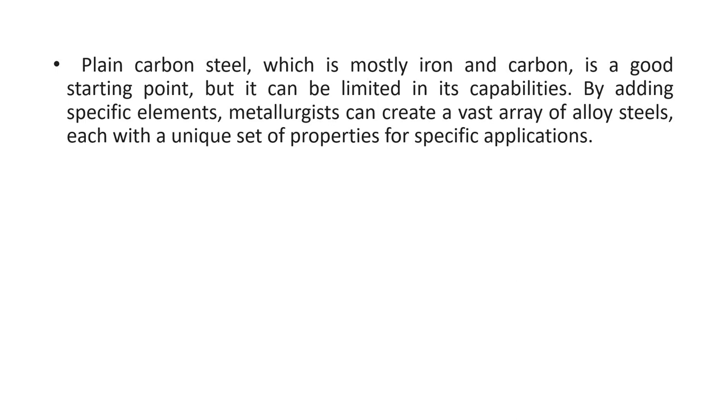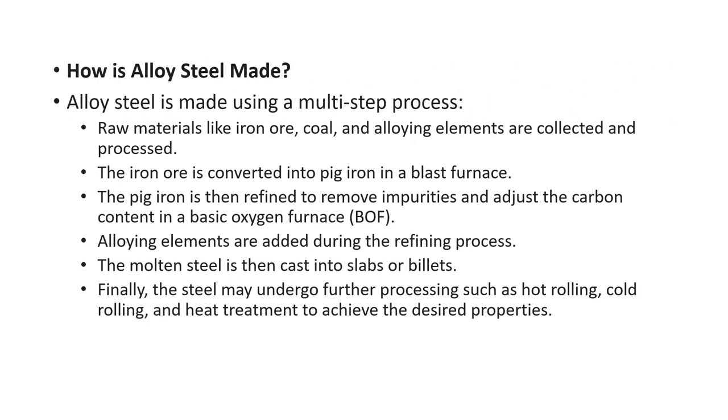Iron and carbon is the material base for plain carbon steel, and to improve its properties we are adding specific elements, so its properties will increase and it can be used for specific applications.